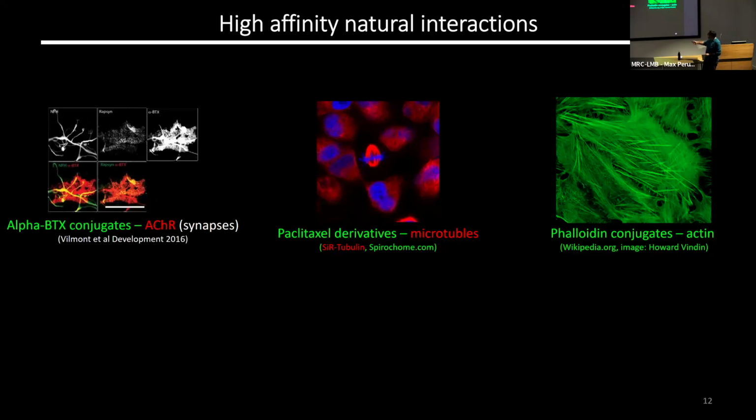Paclitaxel derivatives bind to microtubules, and phalloidin binds to actin, well, actually to beta actin, and so you can see the cytoskeleton of a cell. And of course, as I said, these are conjugated with fluorophores, so it means that you have a way of directly staining your molecules inside the cell.